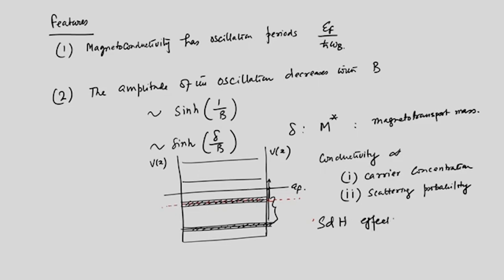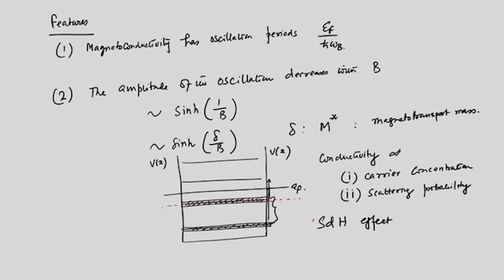So, this is called the SDH effect, and these oscillations are actually measured in experiments, and the theoretical formalism derived to describe the oscillations, their dependence on the magnetic field or its inverse and the temperature, etc., all very nicely corroborate with the experimental results that are obtained.